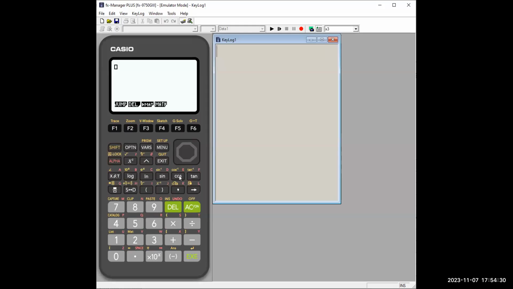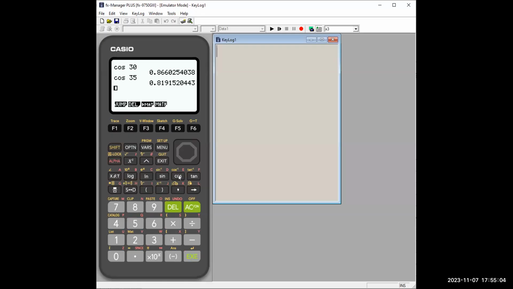Okay, so let's see. A cosine of 30 degrees. If you haven't got a clue, the cosine of 30 degrees is radical 3 over 2. If you want the decimal approximation on the Casio, you go fraction to decimal key. It'll give you 0.866. But I think I need a cosine of, let's say 35 degrees. Let's let that be our guess. Ooh, that's too much because we want 0.8.